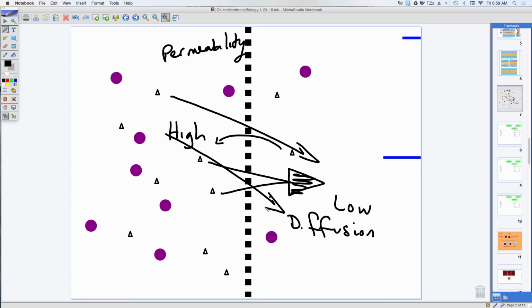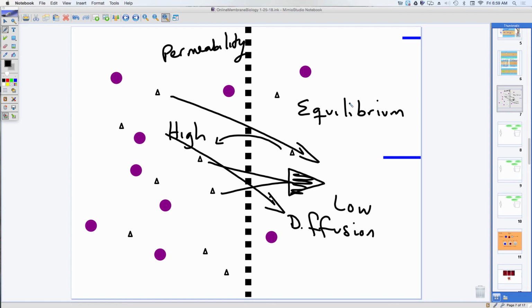This movement will continue until some equilibrium point where the concentration of solutes on the left side is relatively equal to the concentration on the right side.